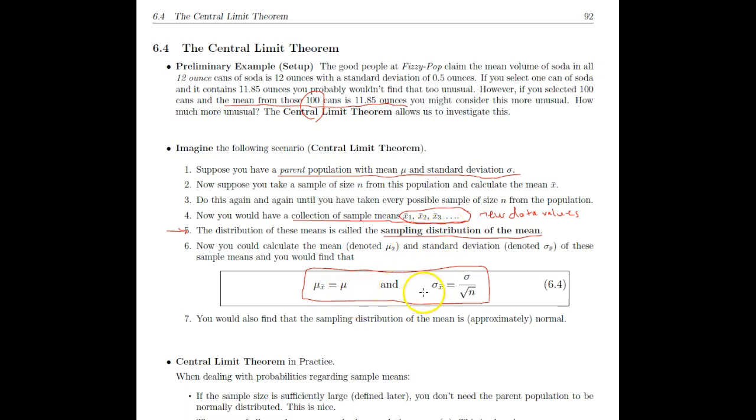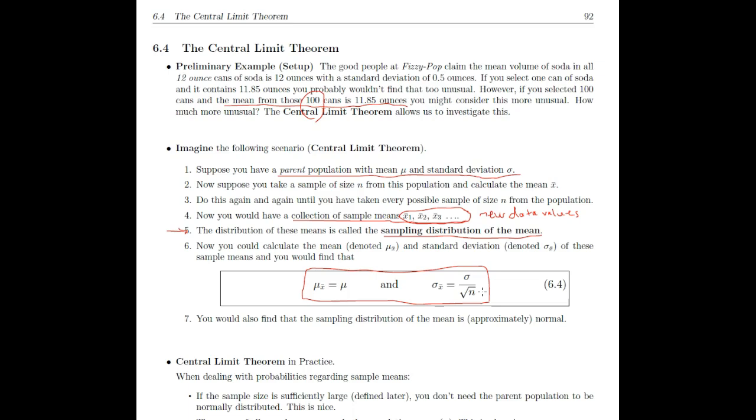And the standard deviation of these sample means is going to turn out to be much smaller than the standard deviation of the parent population. As a matter of fact, the new standard deviation of this new data set is going to be the standard deviation of the parent population divided by the square root of the sample size.